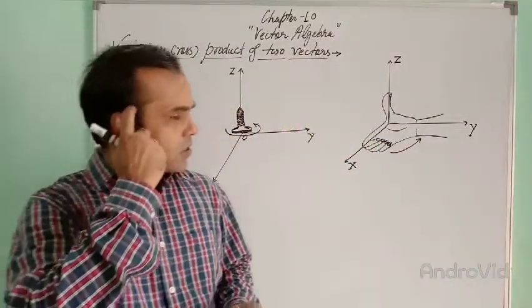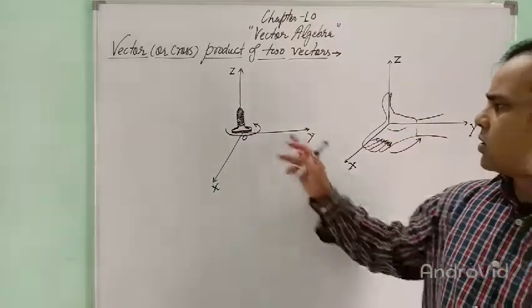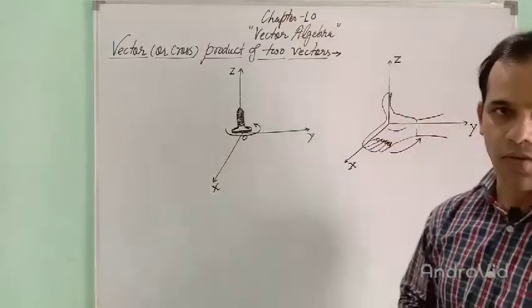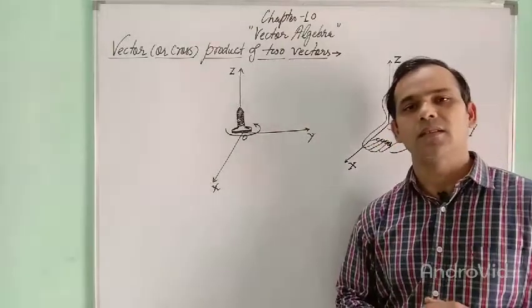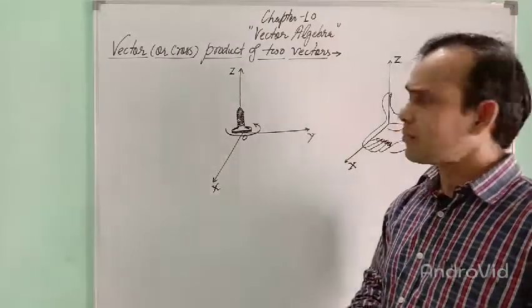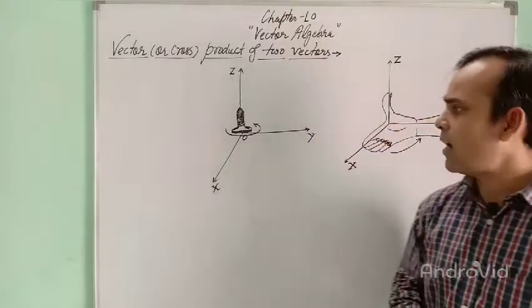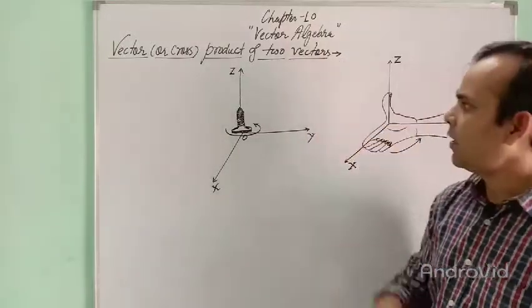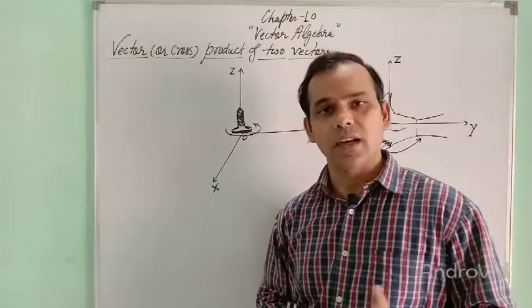In a three-dimensional right-handed rectangular coordinate system, when the positive x-axis is rotated counterclockwise towards the positive direction of the y-axis, then this screw would advance in the direction perpendicular to both x and y, and it will be the positive z-axis.